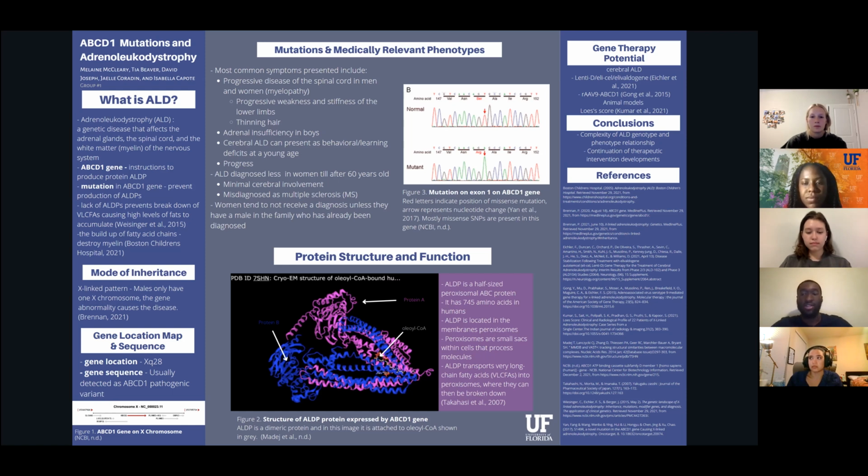This study contributed to the understanding of how rAAV9 can be utilized to reduce levels of VLCFAs, the very long chain fatty acids, and promote ABCD1 gene expression in the brain, adrenal gland, and spinal cord. So as an emphasis here, animal models are important in gene therapy development.